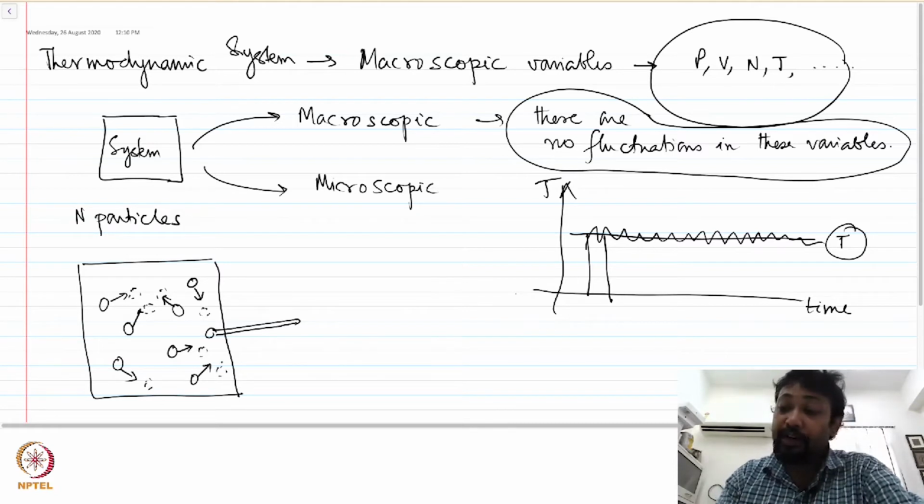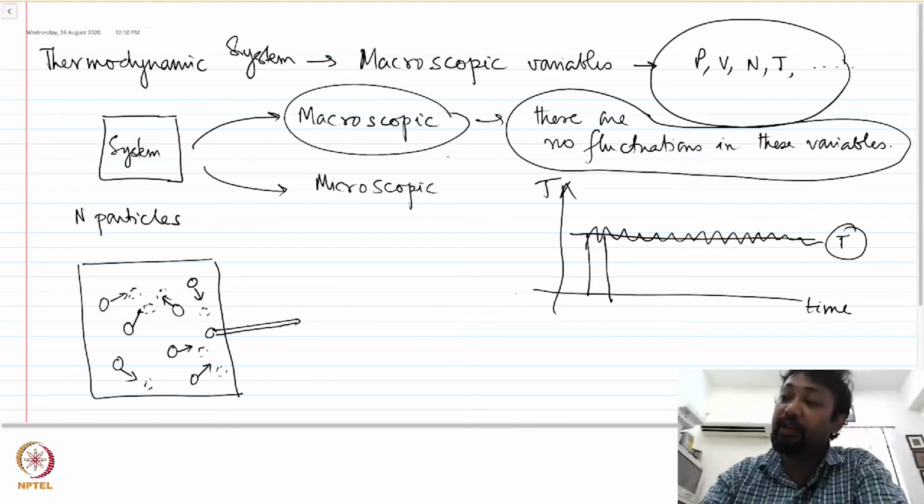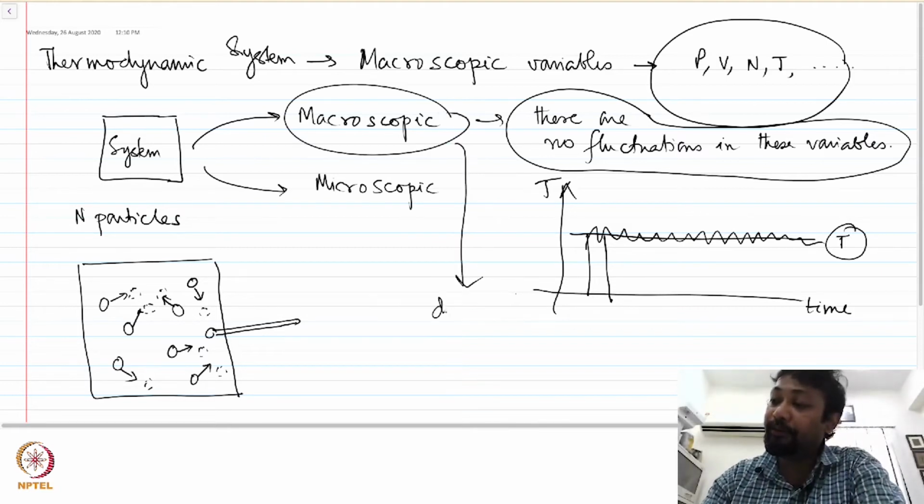So there is a rearrangement of the particle positions within the time scale of my measurement. But yet, these thermodynamic variables do not change with time. So this is a very, very crucial thing for a macroscopic variable, that they do not change with time.